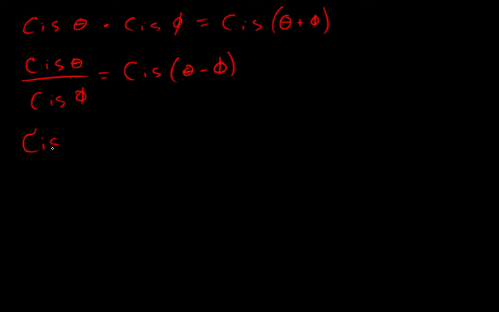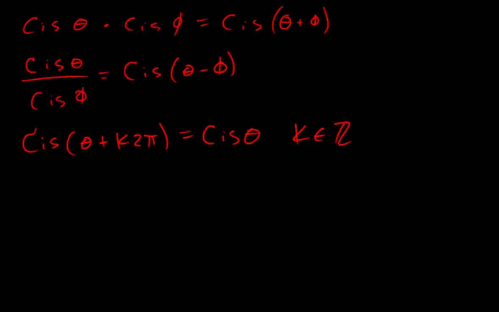And then the last one says it just has a period of 2 pi, so it repeats every 2 pi, and k is an integer.